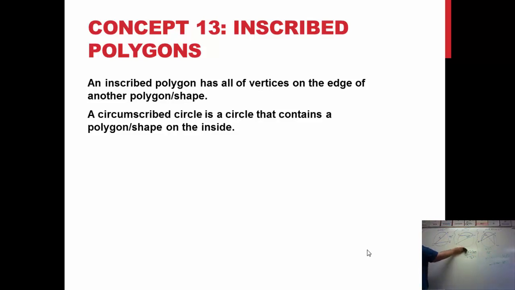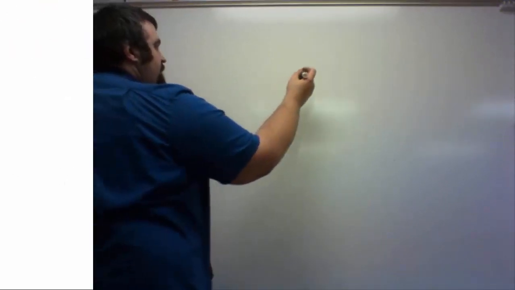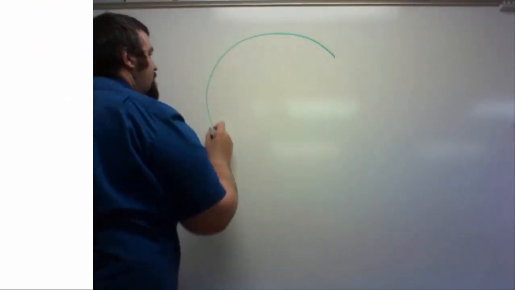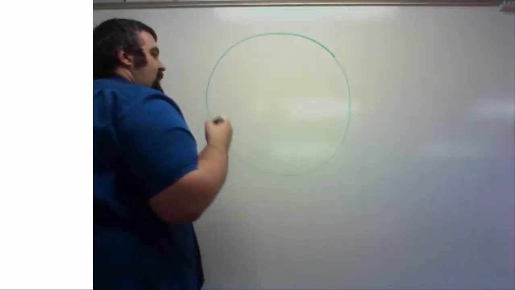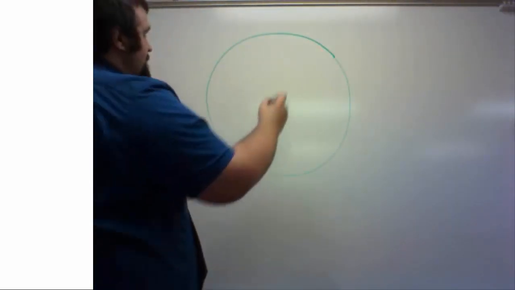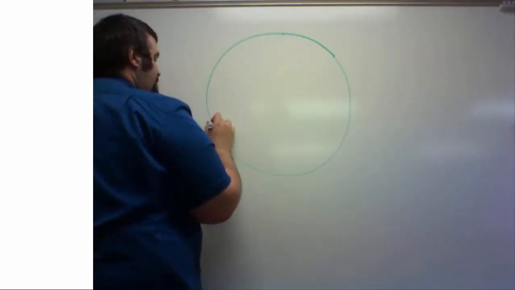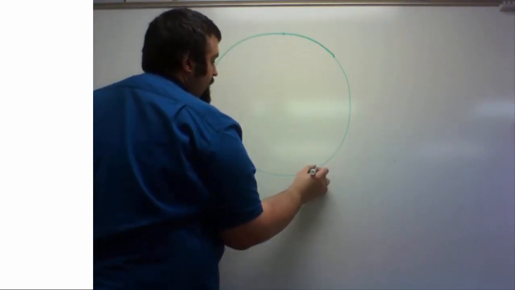So let's look at what an example of an inscribed polygon would look like. Well, all you have to do is draw an outside shape. It could be a square, it could be a rectangle, it could be a rhombus, but because we're in the circle section, I'm going to just draw a circle. And on the inside of this circle, I'm going to put a triangle. I'm going to put a corner here, a corner here, and a corner here. And I'm going to connect them.